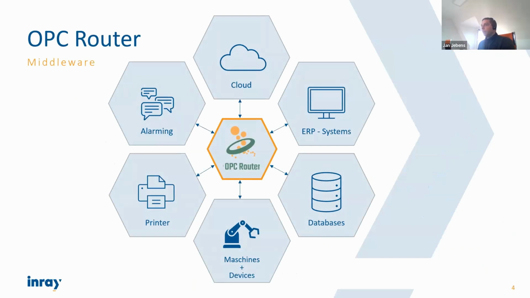On OPC router, as I said, it's basically a central communication platform. It is software based. It's natively running under Windows, but it can also be deployed in a Docker container under Linux. And we also provide a Helm chart for the deployment in Kubernetes. What it does, it connects systems from shop floor to top floor bidirectionally. We have cloud connectivity, several database systems, today focusing on Influx. We can connect also printers.